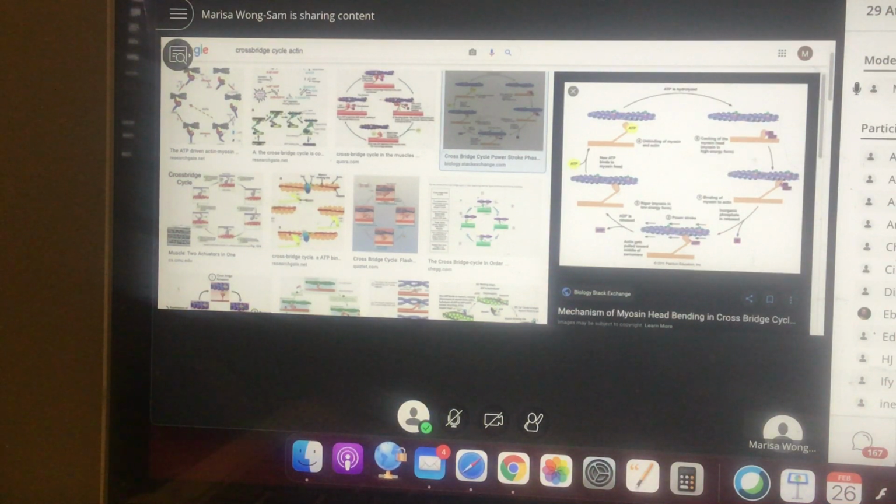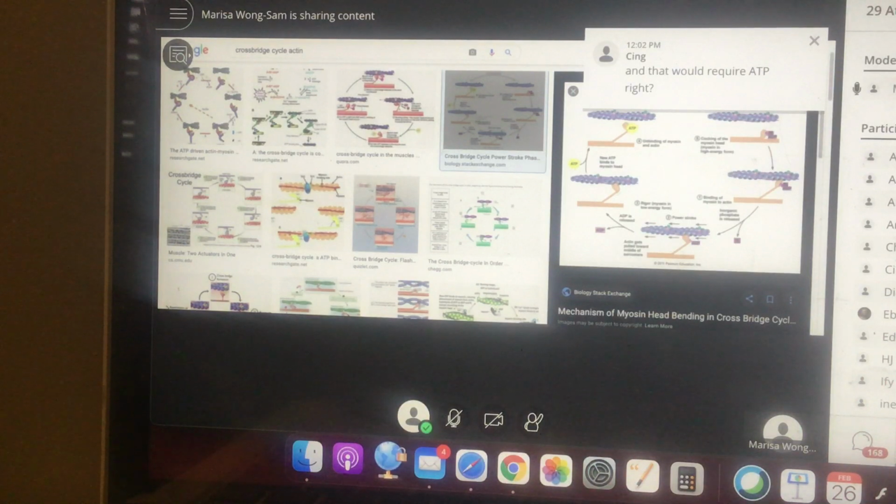People think about it in different ways. You can think about it as when the power stroke happens, the ADP gets kicked off of the myosin, or you can think about it as the ADP unbinding causes the power stroke. It doesn't really matter either way. The effect is the same: during the power stroke, the adenosine diphosphate gets released from the myosin head.